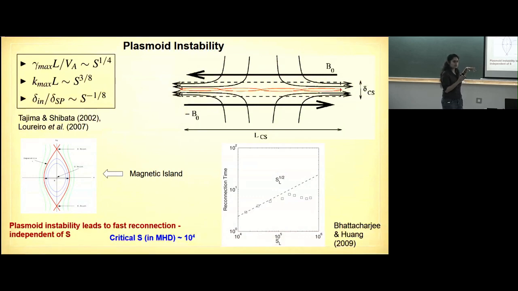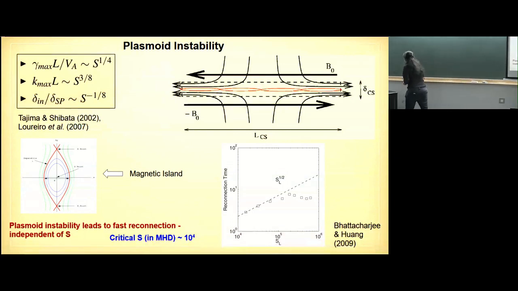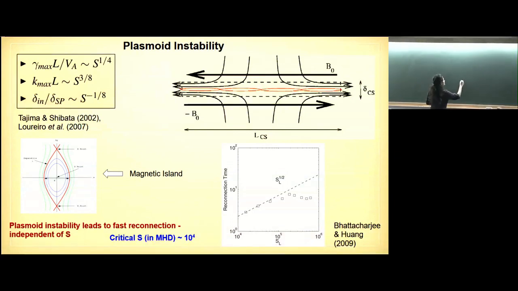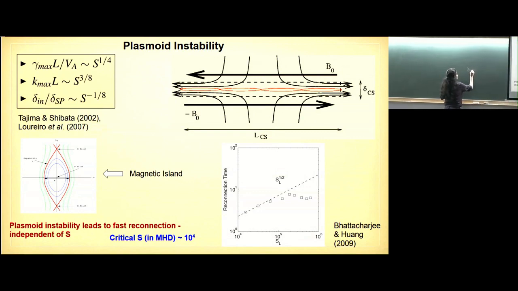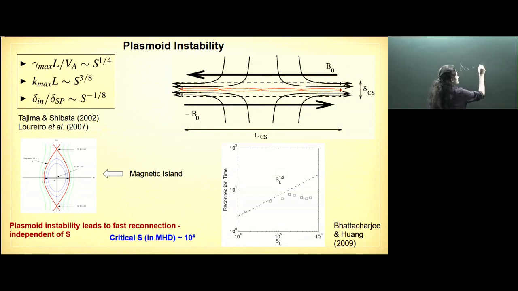It is of a Sweet-Parker scaling dimension. So these are really thin current sheets that I'm talking about. So what I mean by Sweet-Parker scaling is that the width is given by delta CS, which goes as, okay. So these are some really thin current sheets.